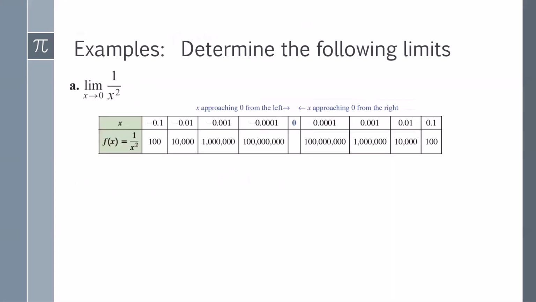As we approach 0 from the left, for negative 0.1 we get 100, and then 10,000, then a million, then 100 million. When we approach from the right, we again start at 100, then get 10,000, then a million, and then 100 million. It looks like it's getting quite big as x goes to 0. And so in this instance, we would say that the limit diverges to infinity.